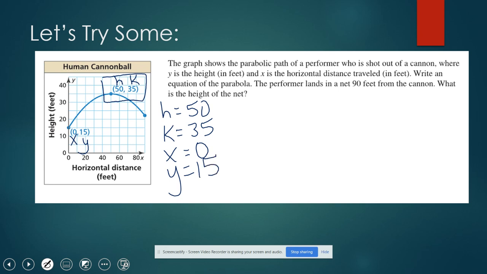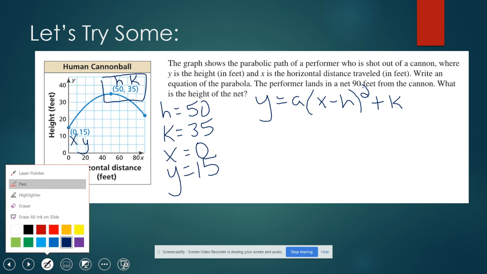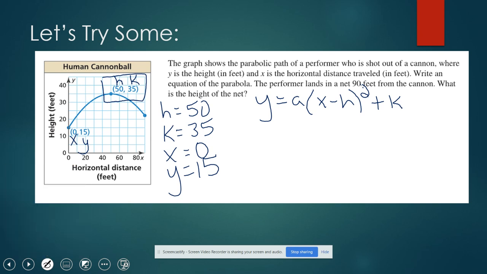These are the values that we're going to plug into that vertex form, X minus H squared plus K. All right, so we have 15 equals A, X is 0, H is 50, squared plus K is 35.